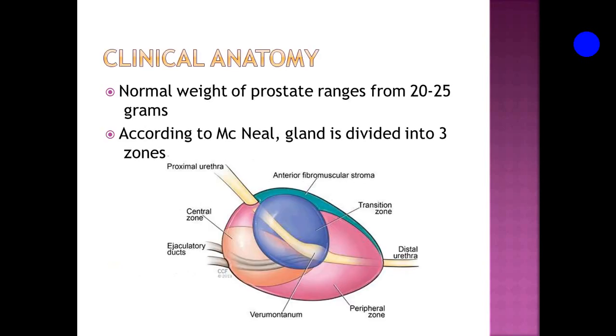In this picture, we have shown the transition zone. Clinical anatomy: the normal weight of the prostate ranges from 20 to 25 grams.